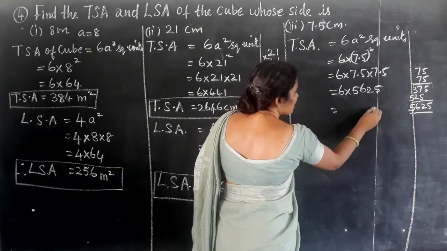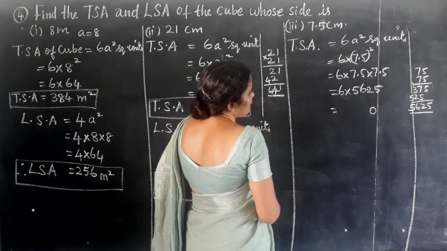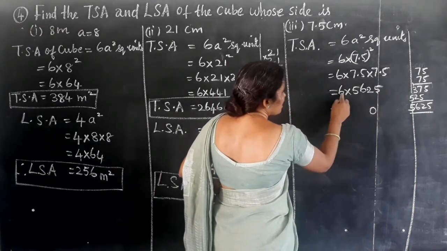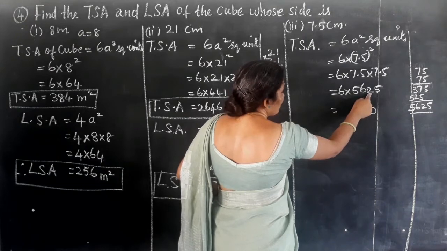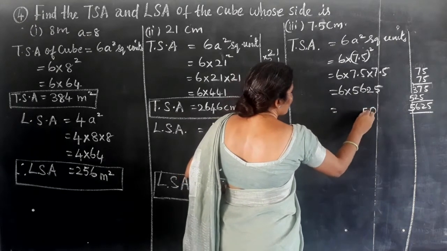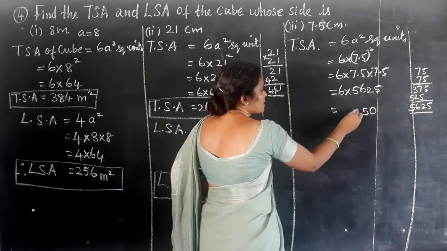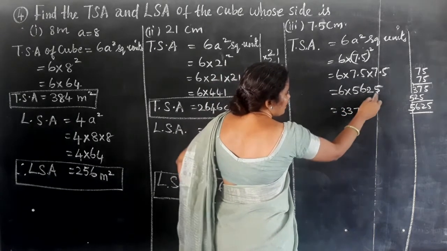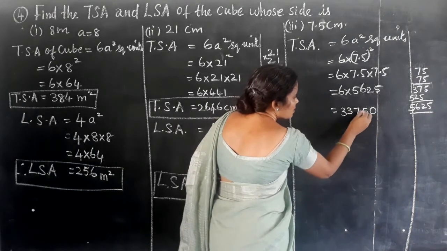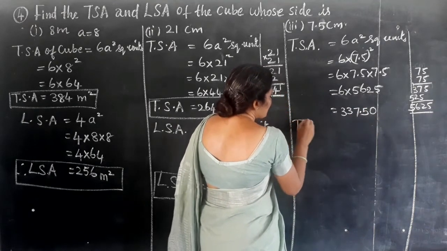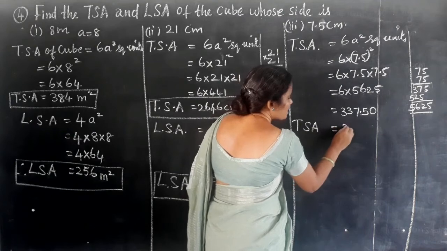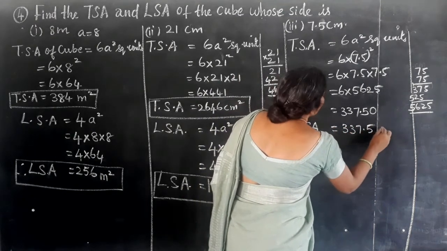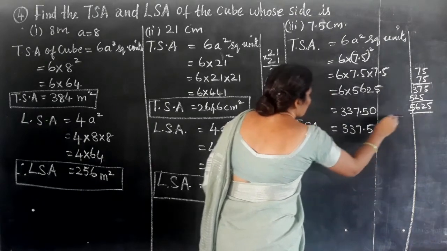Multiply. 6 5s are 30, remaining 3. 6 2s are 12, 13, 14, 15, remaining 1. 6 6s are 36, 37, remaining 3. 6 5s are 30, 33. So we have 2 decimal places. So therefore TSA of a cube is equal to 3,307.5 centimeter square.